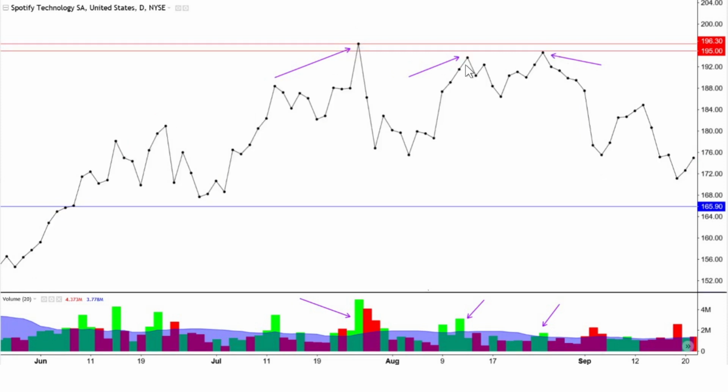In fact, going to a line chart with each dot representing a closing price reveals the 195 level to be an even more accurate center for the resistance range.